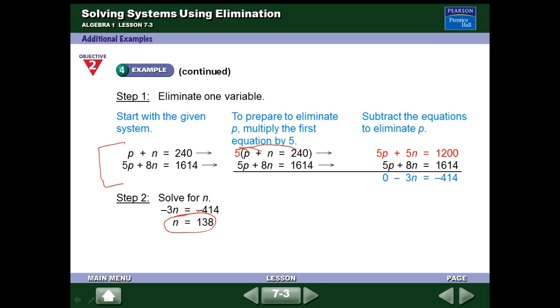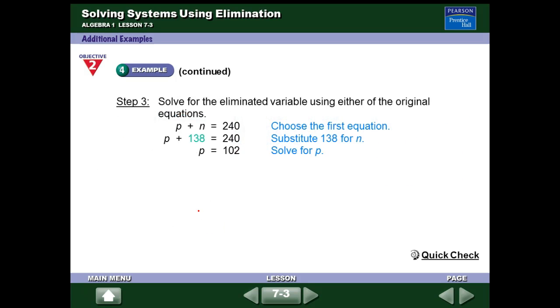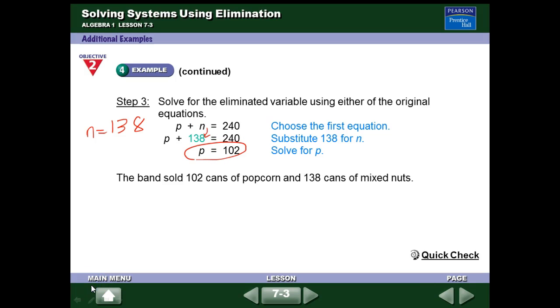If n equals 138, I can take n equaling 138, plug it in, and you'll get p. So if p was the number of popcorn cans, 102 popcorn cans were sold, and n was 138, so there's 138 cans of mixed nuts sold.